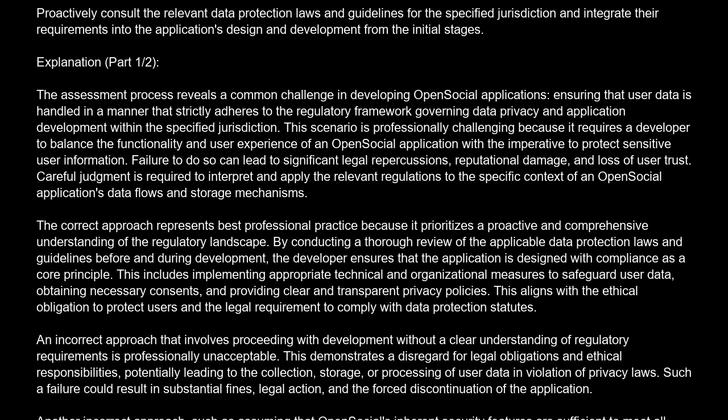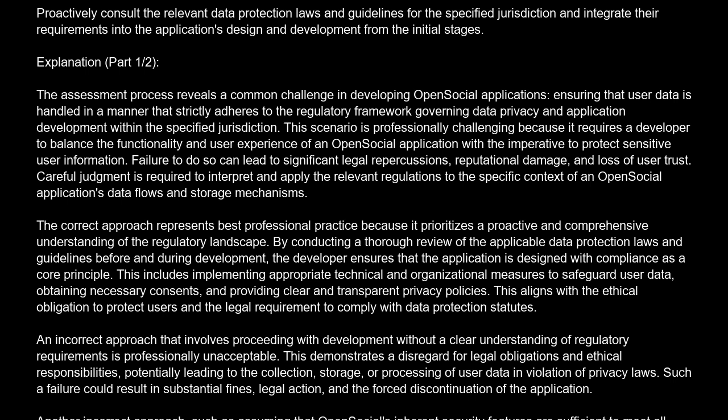Explanation: The assessment process reveals a common challenge in developing open social applications, ensuring that user data is handled in a manner that strictly adheres to the regulatory framework governing data privacy and application development within the specified jurisdiction. This scenario is professionally challenging because it requires a developer to balance the functionality and user experience of an open social application with the imperative to protect sensitive user information.